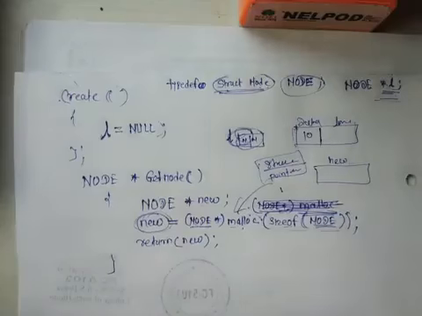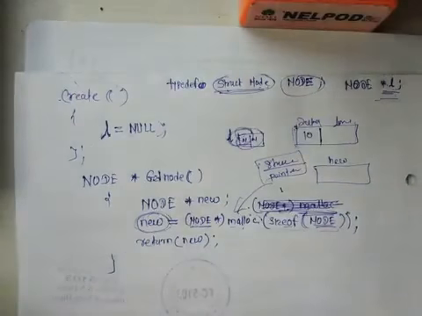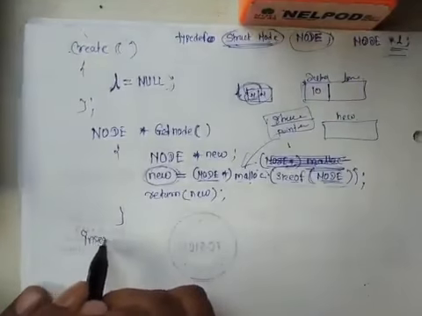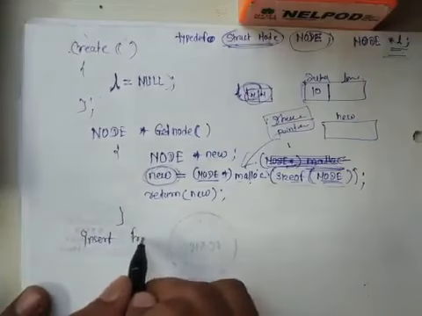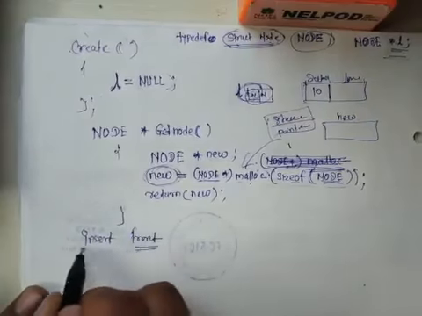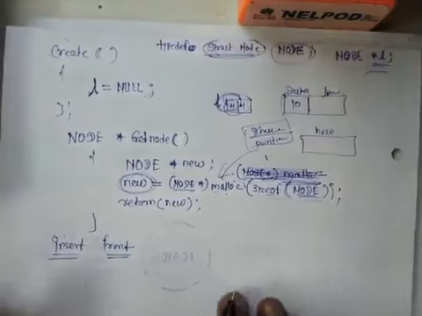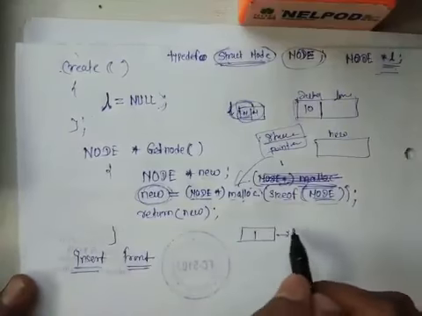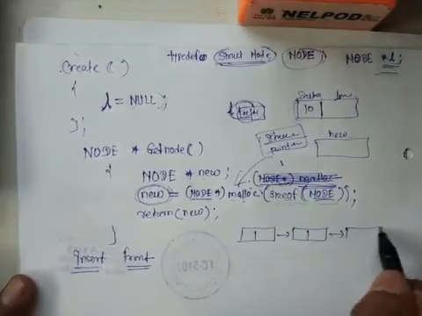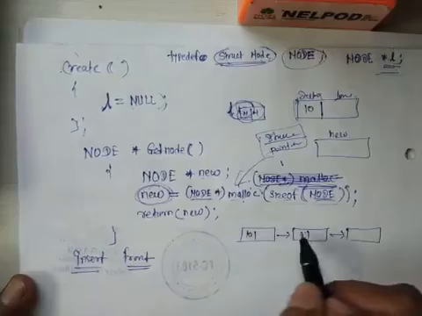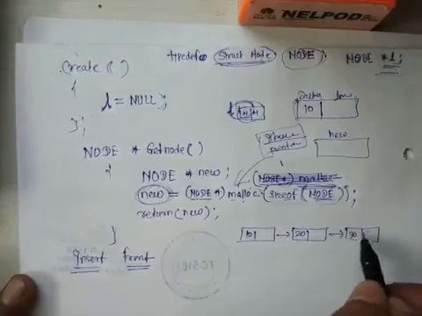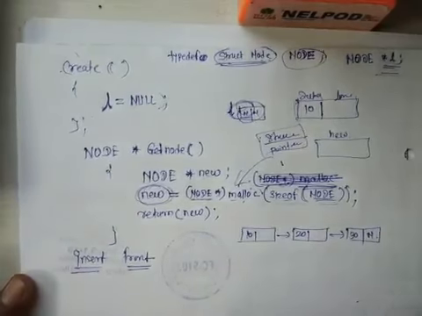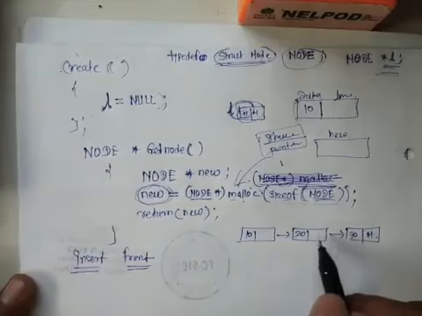Now we are going to see the first basic operation, insert front, insert at the front of the linked list. Suppose you have this linked list having some nodes like 10, 20, 30. Null means this node doesn't have a next node, and it holds the address of this node.